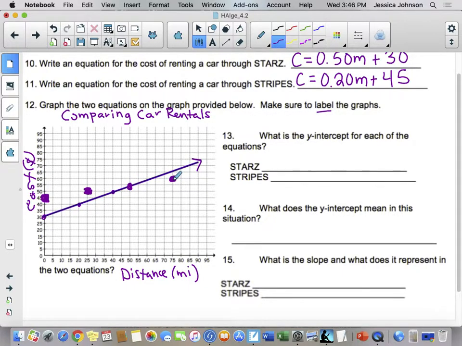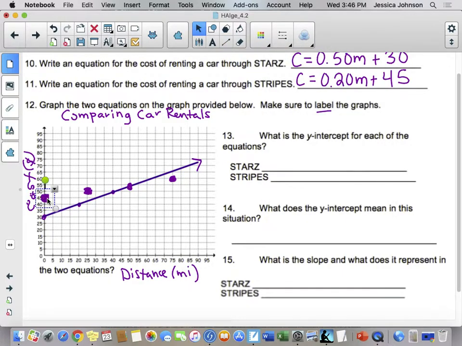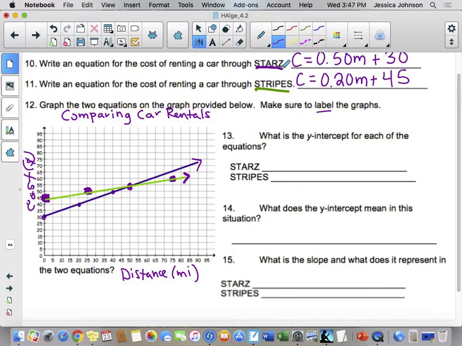And then I can go ahead and make that line. I'll make this line green just so you can see the difference. Again, I'm putting an arrow at the end of that line showing that it goes on in that direction. So stars is purple, stripes green.